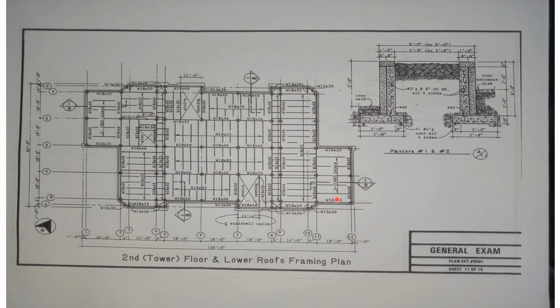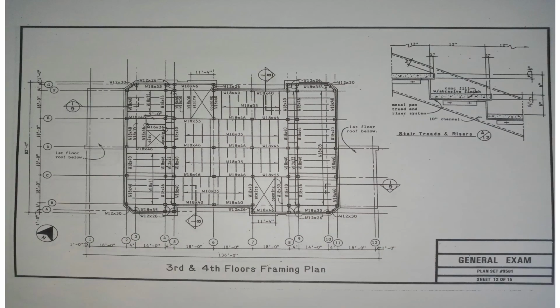This is the roof framing for those lower roofs that we talked about earlier. And then we have a detail for a planter. I talked with somebody the other day who said, man, I had to figure out the volume of concrete in a planter. We're going to talk about that in a future lesson. These are some really fun math questions to do.